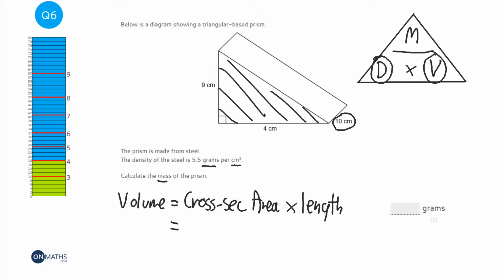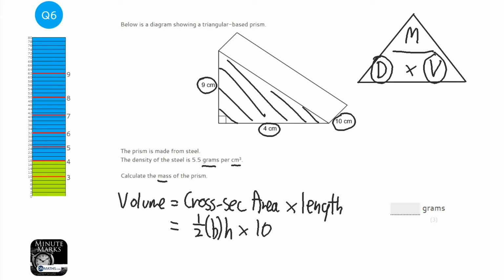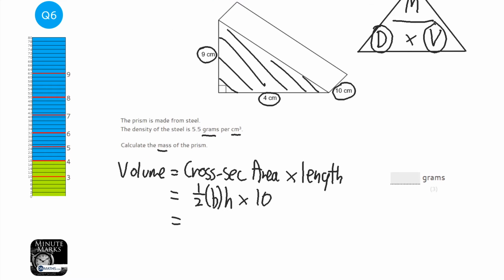We've got the base, which is 4, and the height, which is 9. So it's half times base times height, and then we're going to times it by the length, which is 10. So it's half times 4 times 9, times 10.